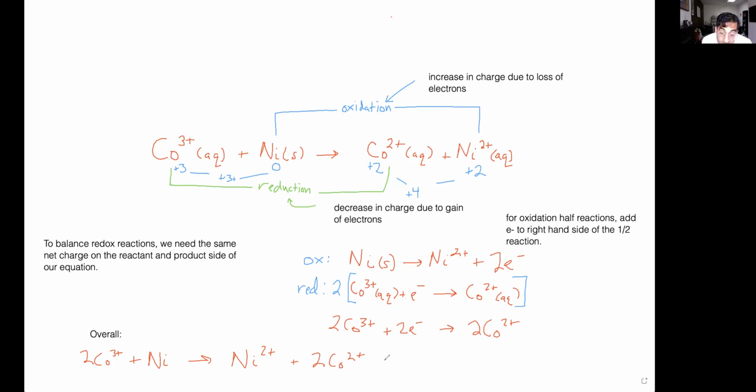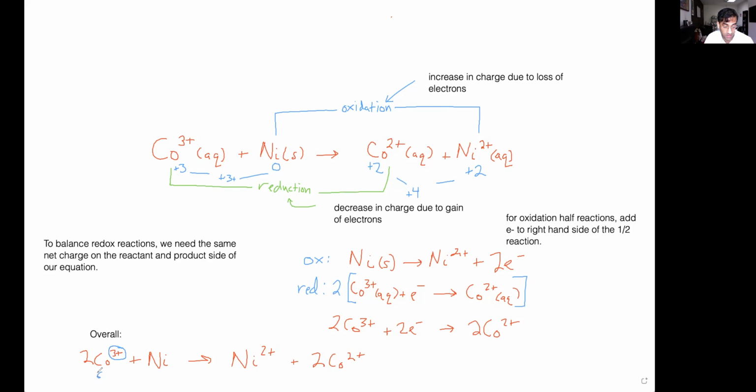But now because of this new balancing, based on what I discovered from taking the oxidation half reaction and balancing it, and taking the reduction half reaction and balancing it, I can see that I have the same net charge on left and right. Let's walk through it. I have this cobalt that has a charge of 3 plus, but I have 2 moles of that. So overall, I have 6 plus over here.